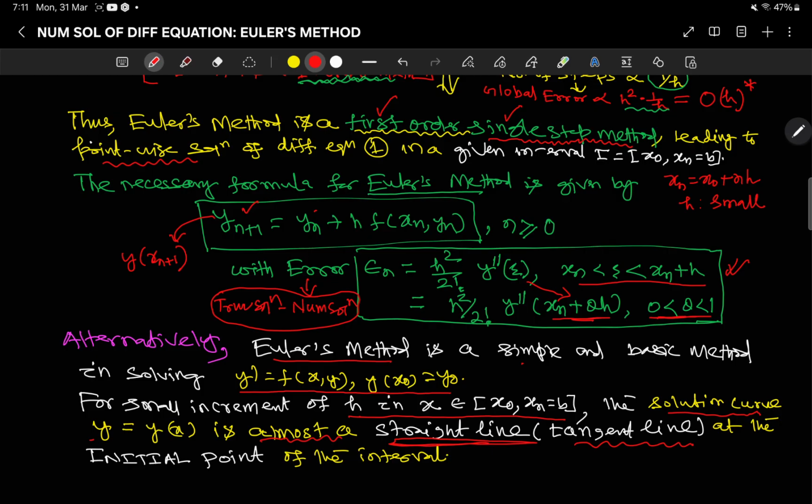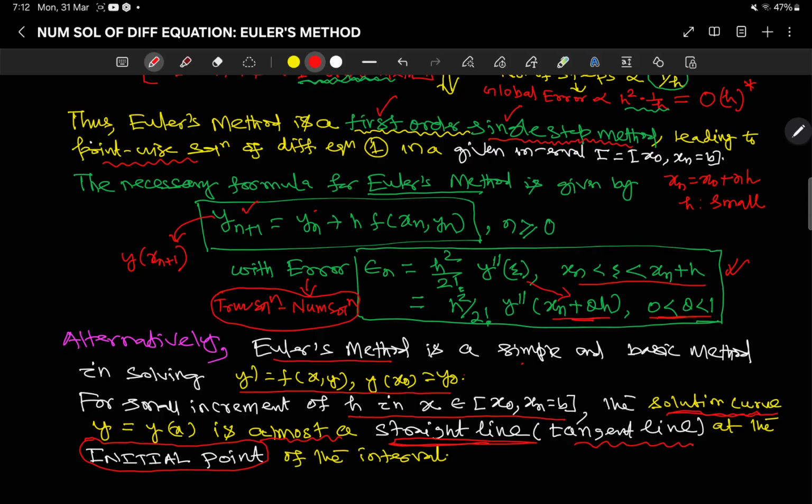At the initial point of the interval. Note that it should be at the initial point of the interval. So Euler's method is nothing but the solution of the first order differential equation, where the solution curve is approximated by a tangent at the initial point of the given interval.